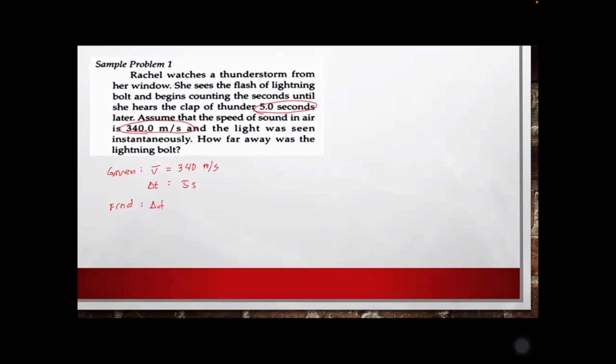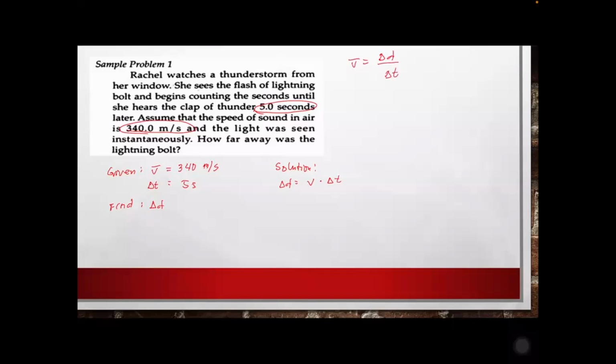So, solution: we are going to use delta d equals v times delta t. Where does it come from? It comes from the formula v equals delta d over delta t.